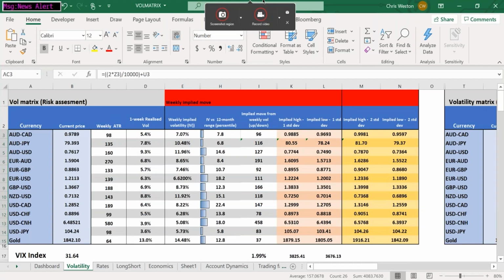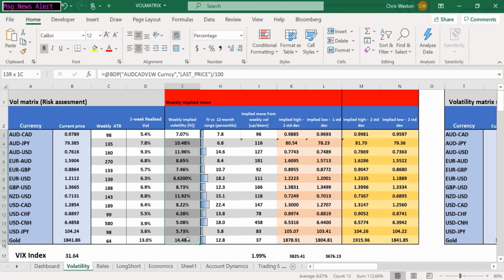The other thing I've put out is a weekly implied move. So this is using weekly OTC options, which are priced by Bloomberg, and it's looking at the data over the coming week, and it's giving an annualized number again there. So this gives me the expected movement, or the implied move, over the coming week. And what we're going to do now, rather than divide that by 15.9, is we're going to divide it by 7.2.